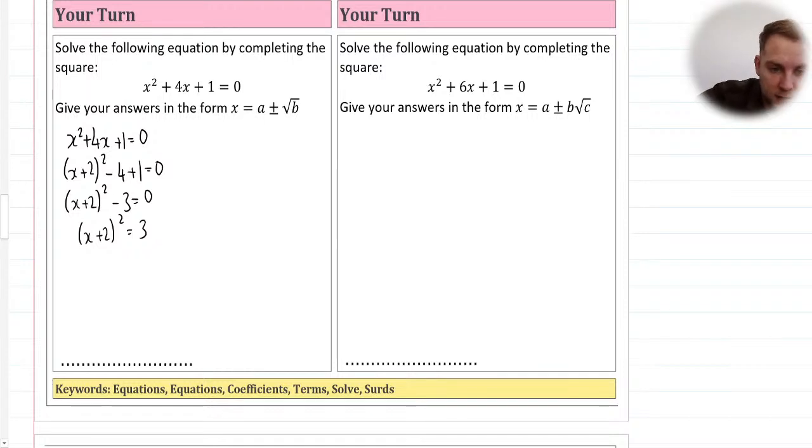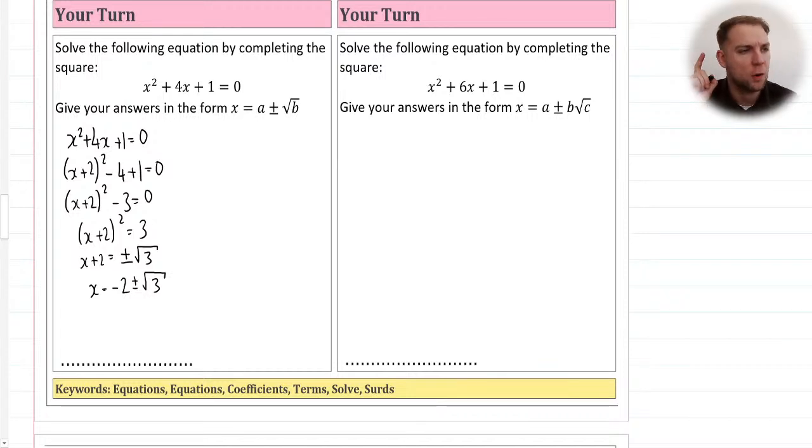Square root the 3, so x plus 2 is equal to plus or minus the square root of 3. And then take that 2 over. So x is equal to minus 2 plus or minus the square root of 3. There, like so. So have a little go at that one on the right-hand side.